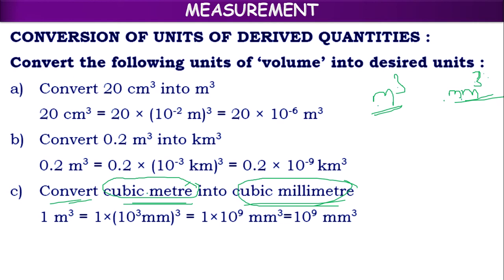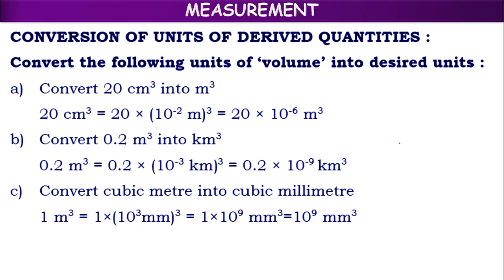We want to convert cubic meter into cubic millimeter. Let's take in opposite manner. So what is 1 millimeter? Milli stands for 10 power minus 3 meter as it is.